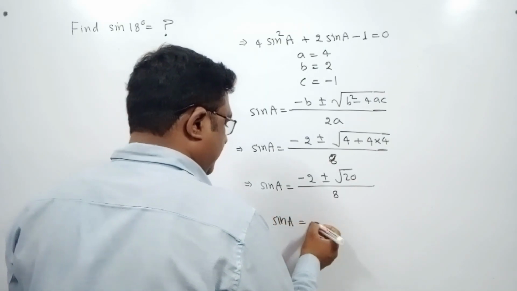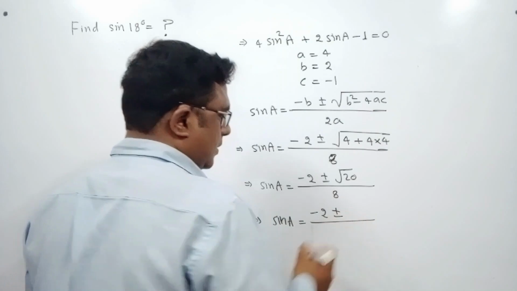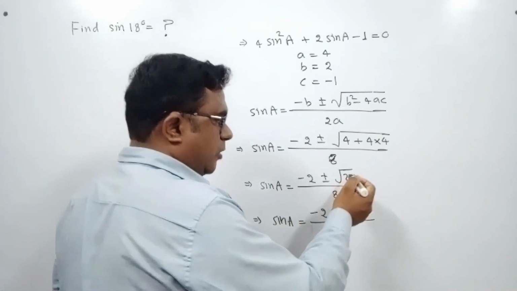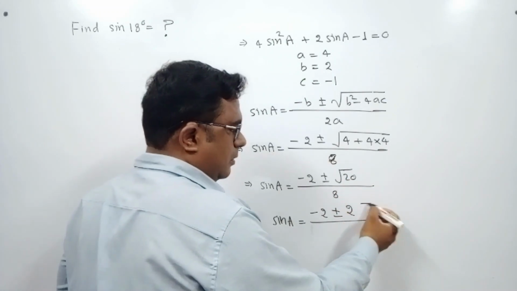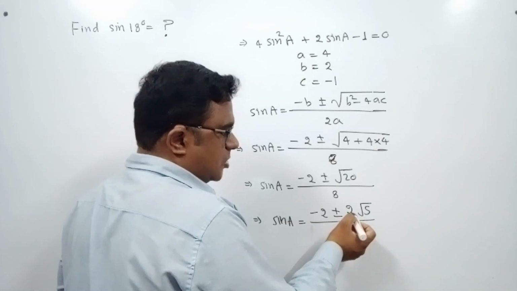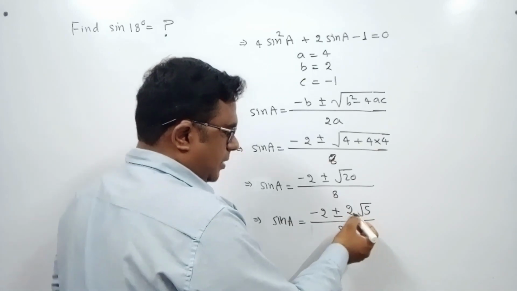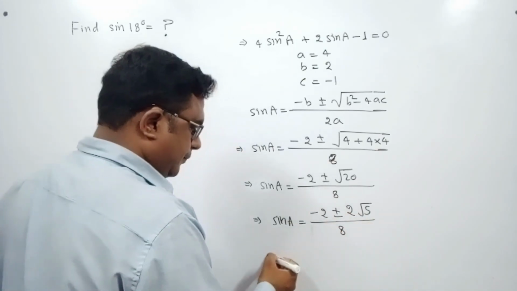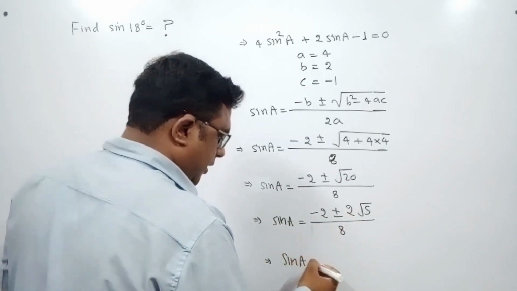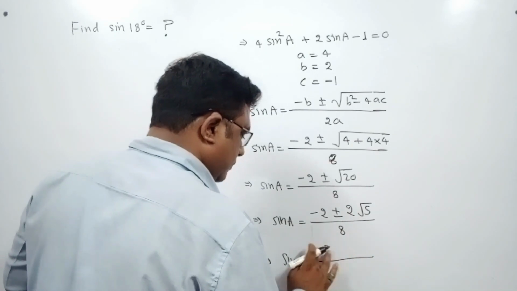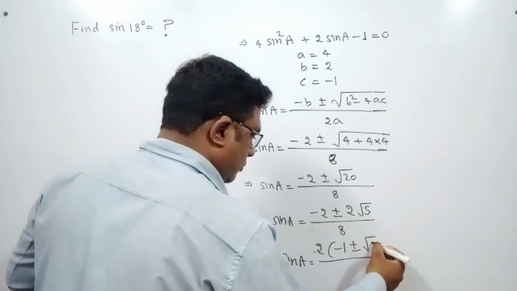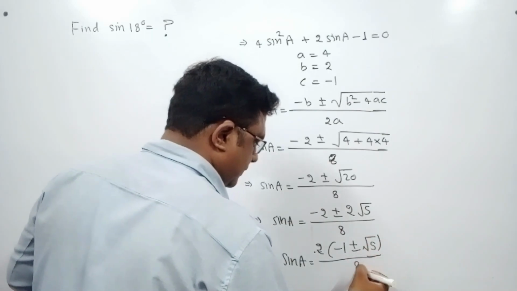Sine A is equal to minus 2 plus minus, 20 can be written as 4 into 5. Square root of 4 will be 2, so square root 20 has been written as 2 root 5 upon 8. If I take 2 common, then minus 1 plus minus under root 5 upon 8.